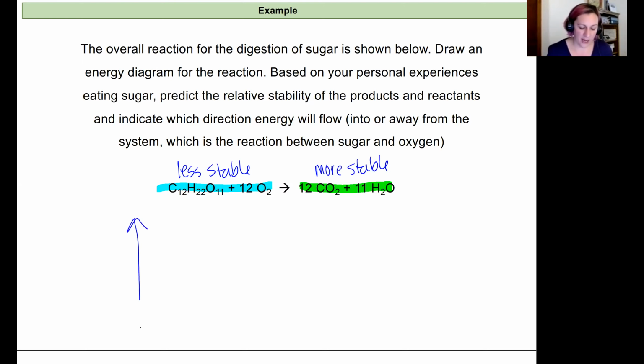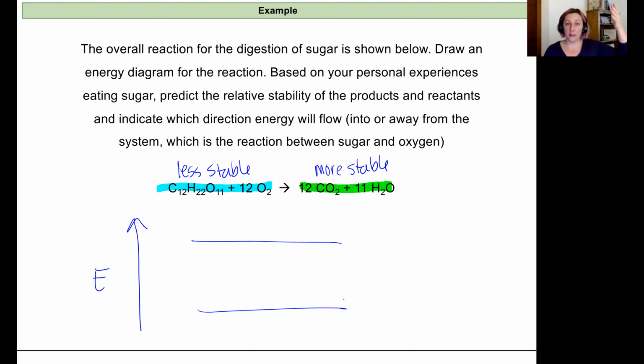So thinking about our energy diagram, we've got energy as our axis, internal energy. Something's going to be higher potential energy, higher internal energy, and one will be lower internal energy. If we're going from less stable to more stable, remember more stable is lower in potential energy and lower in internal energy. So I'm going to put my more stable compounds, my CO2 plus my H2O, as the lower energy level, and my reactants at the higher energy level.